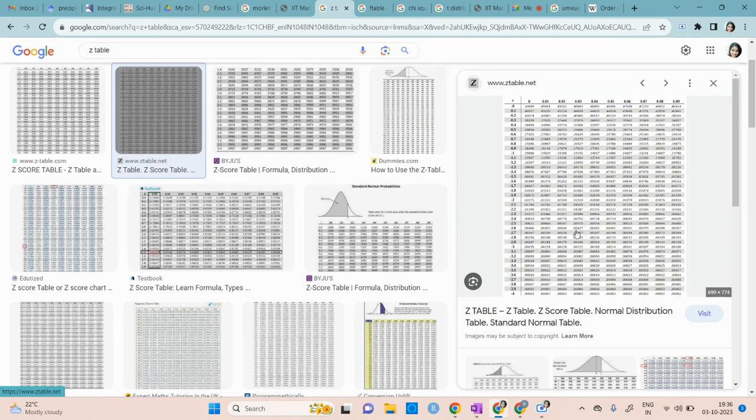So we have the negative table, so from the negative also we can find. So 2.5, it is 0.0062 given.